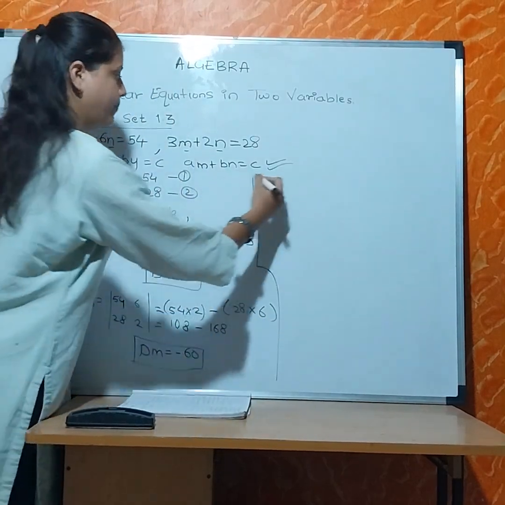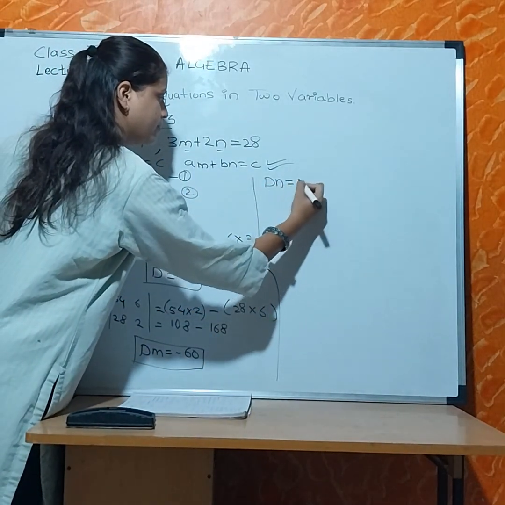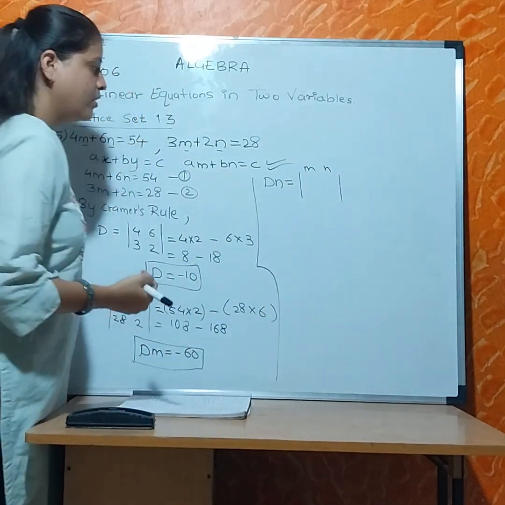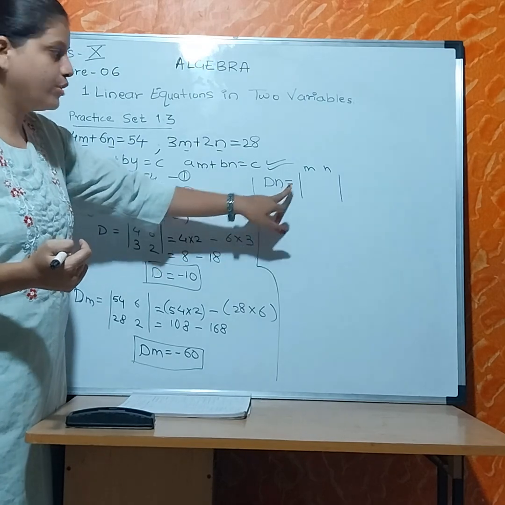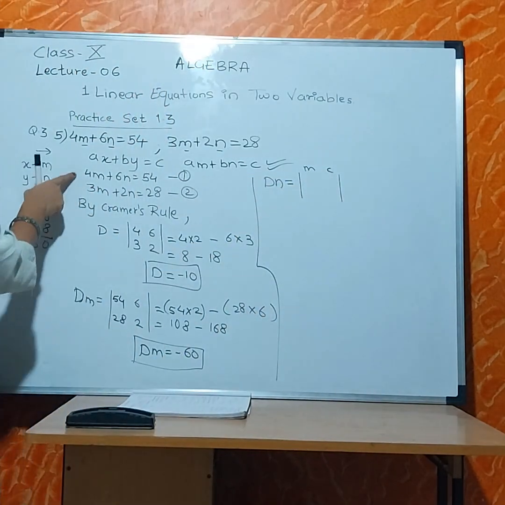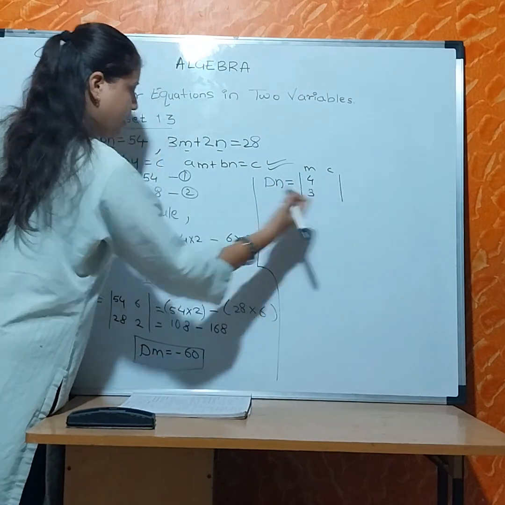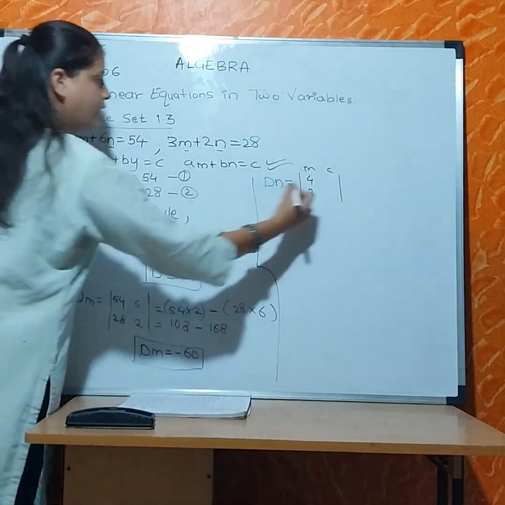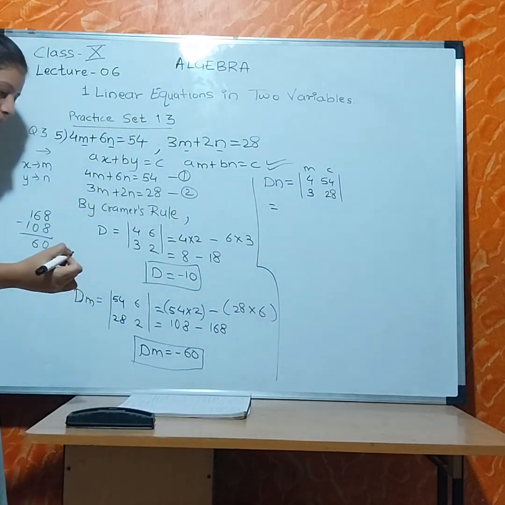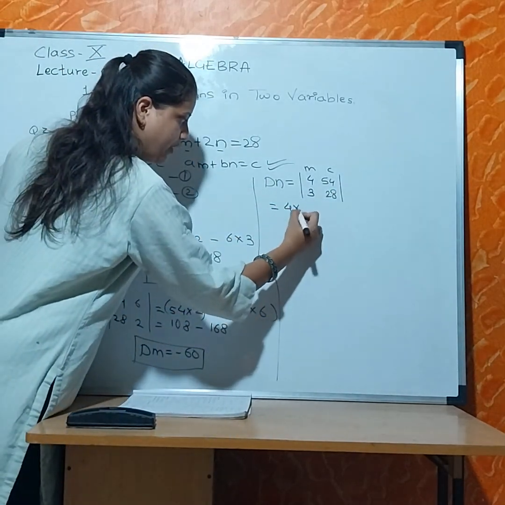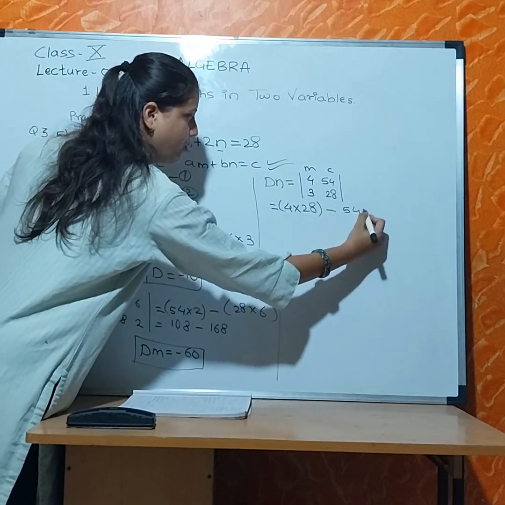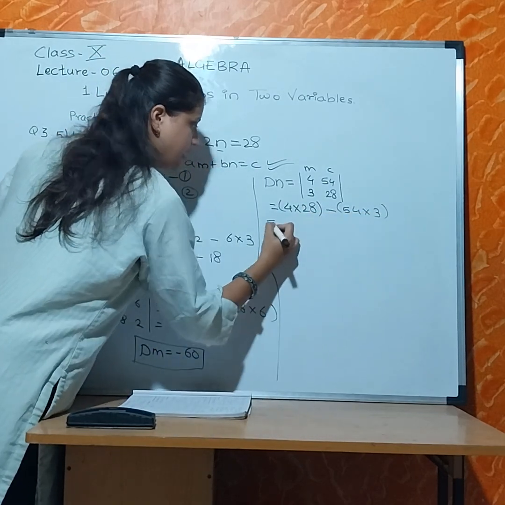Now next we will find the value of dn. To find dn, instead of n we will put the value of constant. So value of m as it is, 4 and 3. And what are the values of constant? 54 and 28. So we will solve this now. 4 into 28 minus 54 into 3.